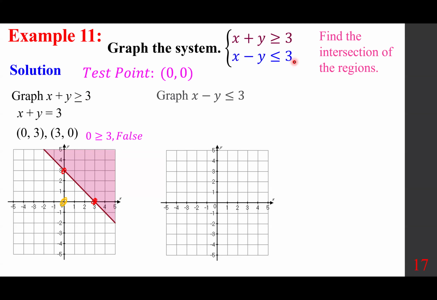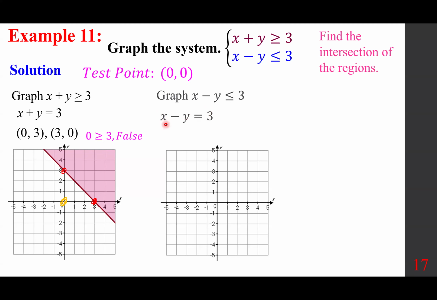Now the second one, x minus y equals 3. We pick up two pairs by setting it equal to 0. If x is 0, y is minus 3.